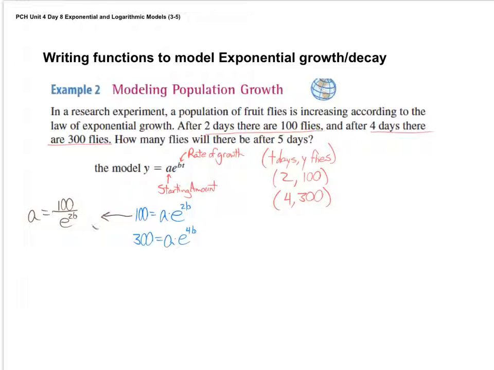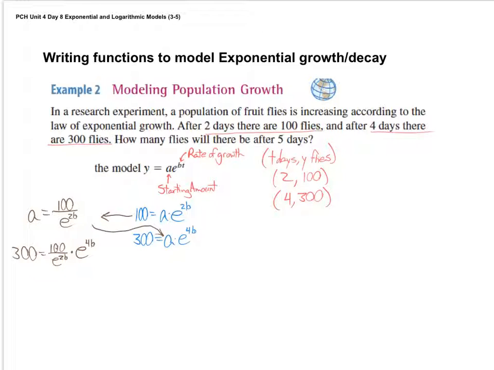And then what we can do with that is plug that in for a in our other equation. So we'd have 300 equals 100 over e to the 2b power times e to the 4b power.